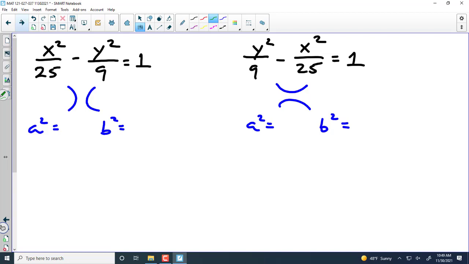Does everyone agree with that? What is a squared? It's the number with the positive term. So in this one, it does happen to be the larger number, but that's not why it's a squared. It's because the 25 is with the positive term. And in this one, it's 9, because 9 is with the positive term.